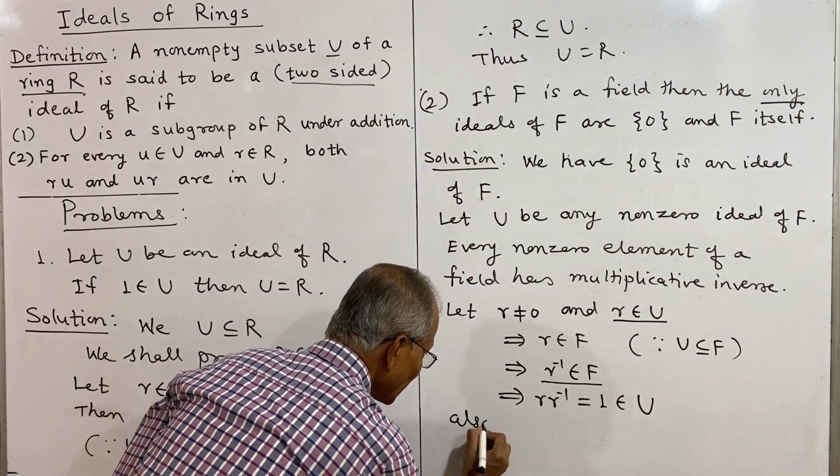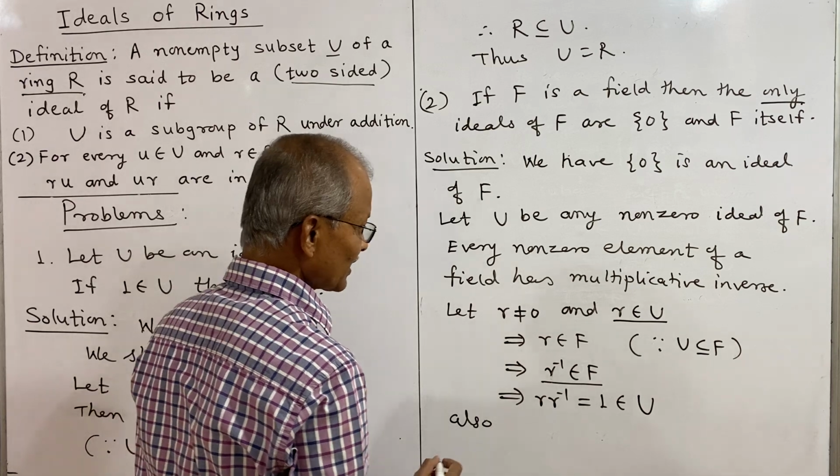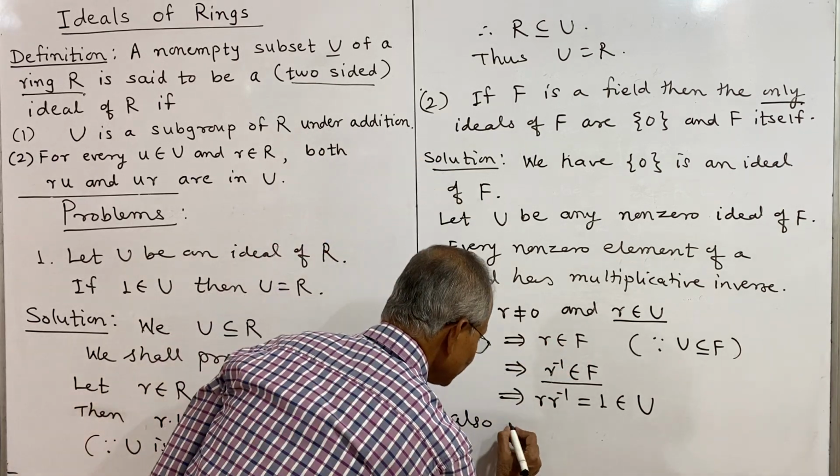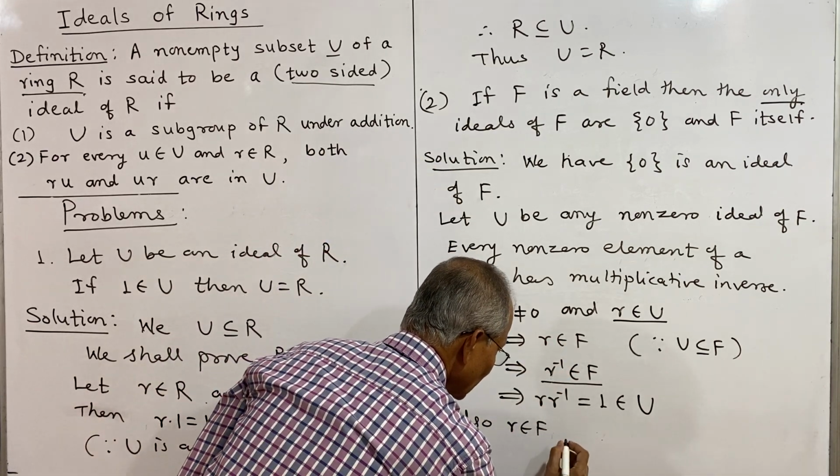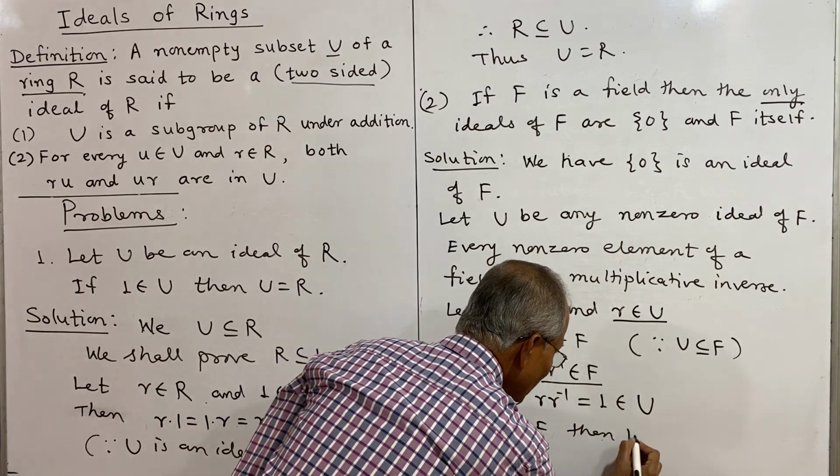Also, we can write it like this. If you consider r belongs to F, then 1 times r.